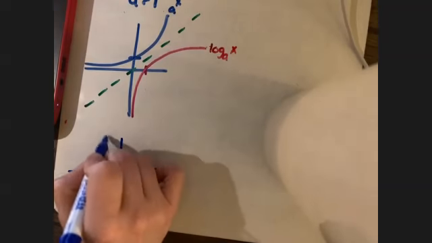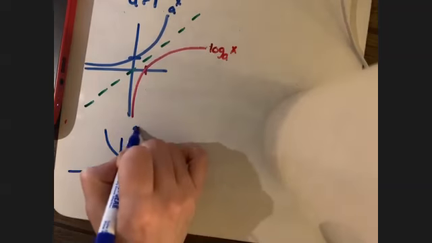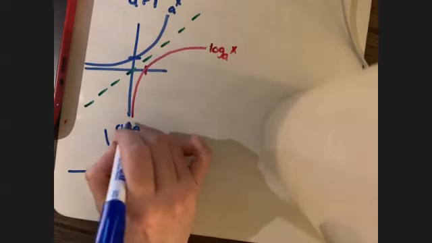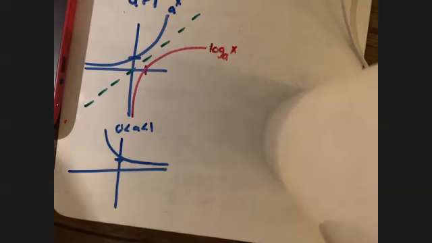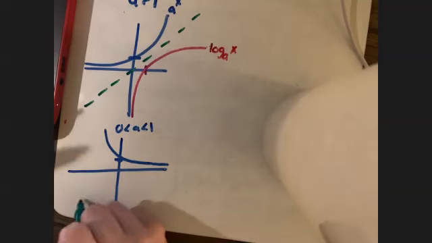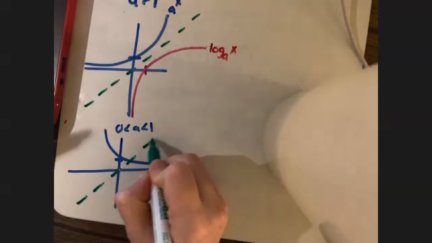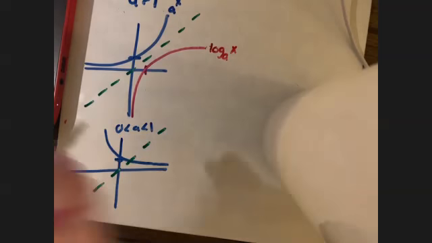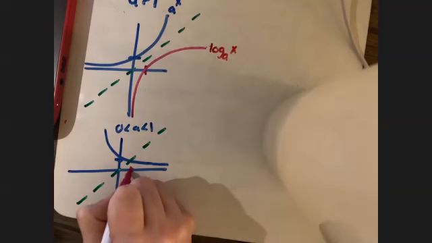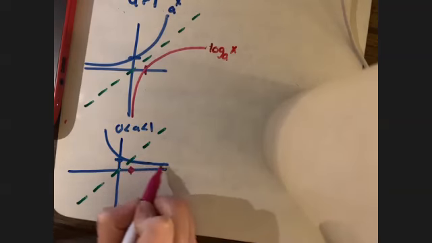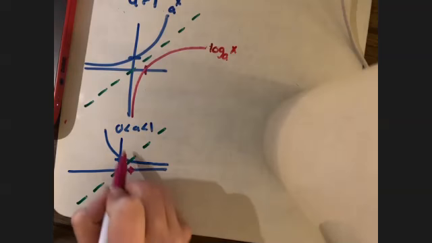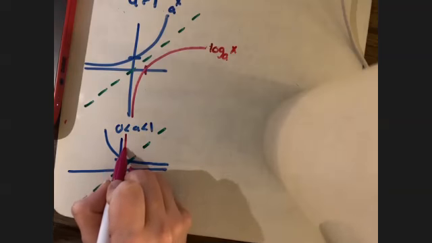Now, thinking about the other one, and again, we still had this point. This was when a was between 0 and 1, okay? And the graph decreased as we went through. And again, we're going to have that diagonal line. And again, we're going to have that point 1, 0 that's going to be right here. Now, this one's a little more difficult to see because this piece down here, when it reflects, is going to come up here.